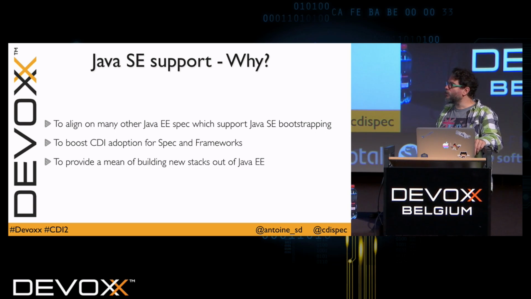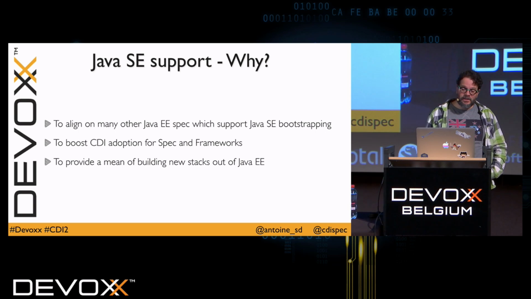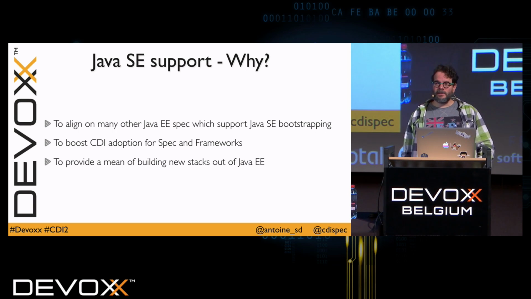So it's a way to bootstrap the adoption of CDI, mainly. And also, if we go on Java SE, third-party frameworks will probably be more ready to develop extensions for CDI and add the support.